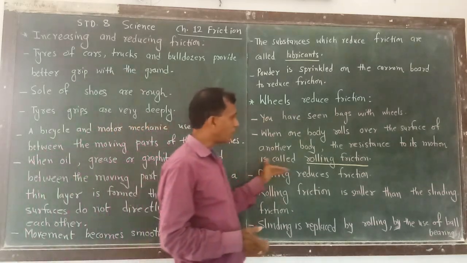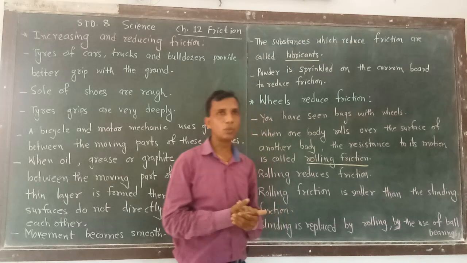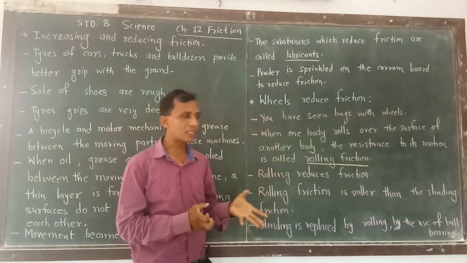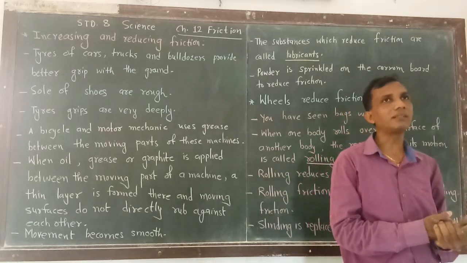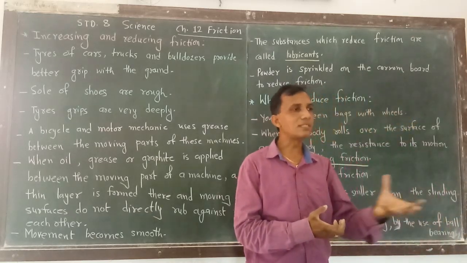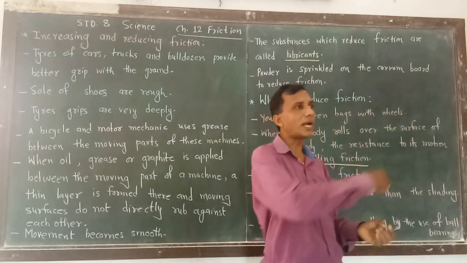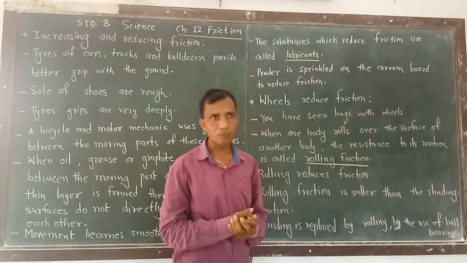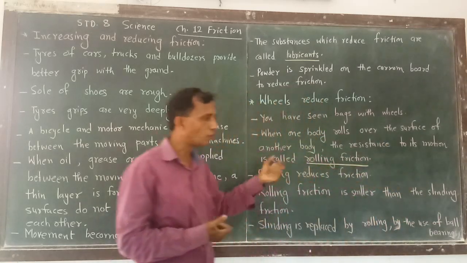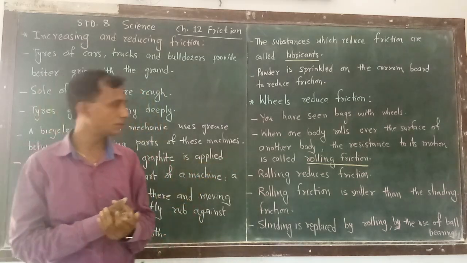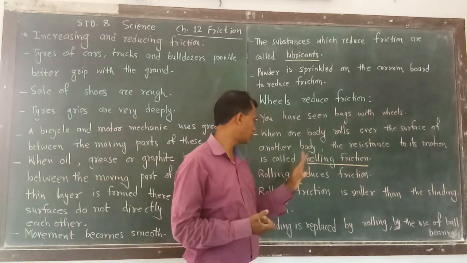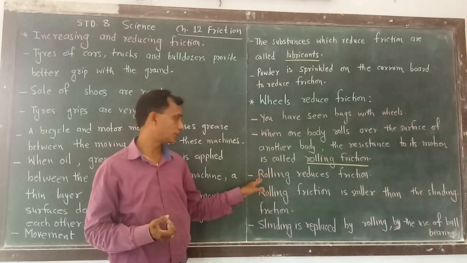And rolling reduces the friction. As we know, large bags having luggage have two wheels attached at the bottom, and we apply an upward force, so it can be easily moved from one place to another because of the rolling friction. So rolling reduces the friction.